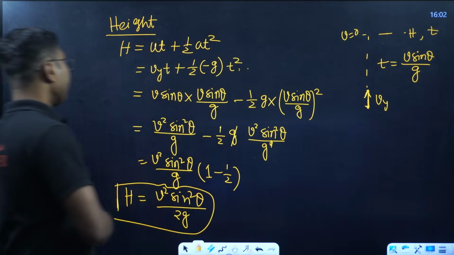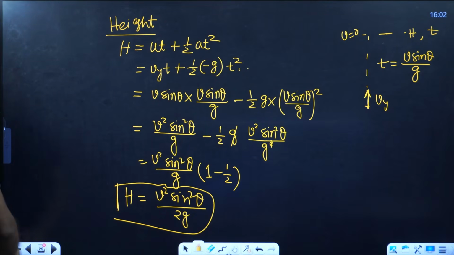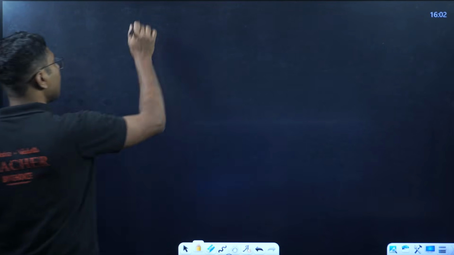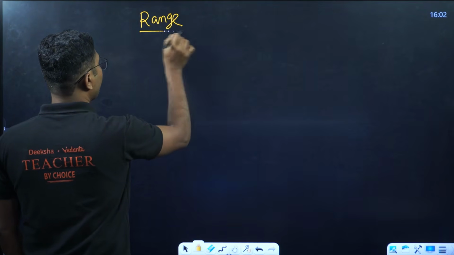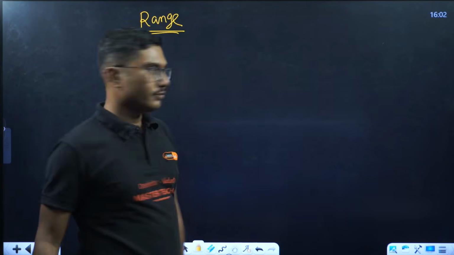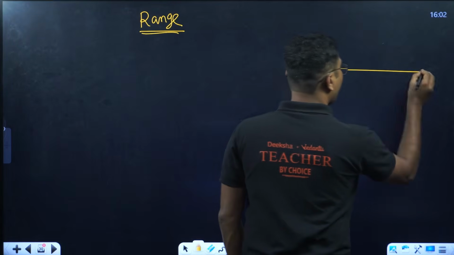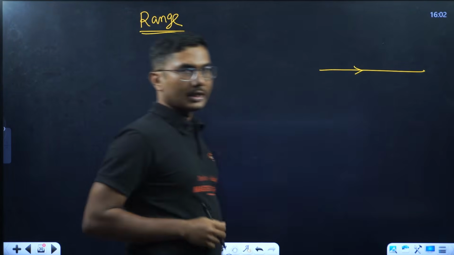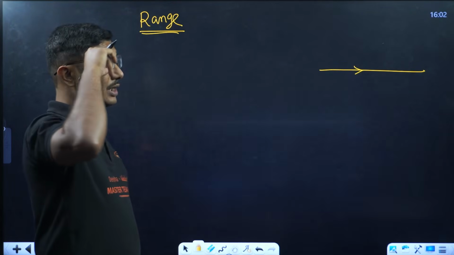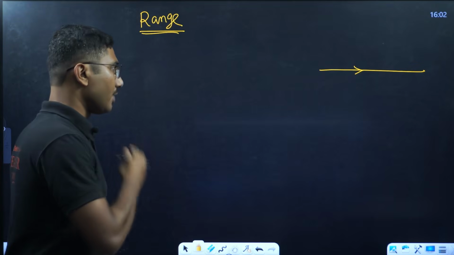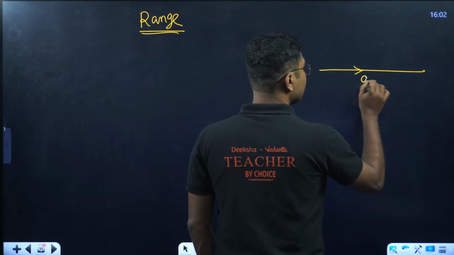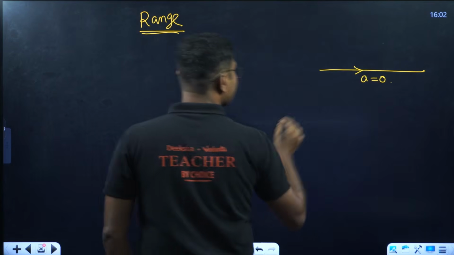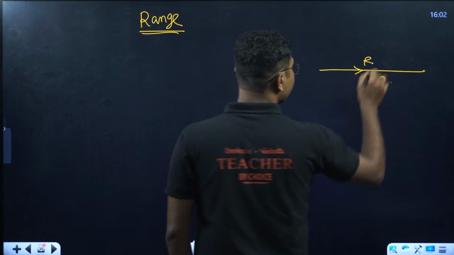Okay, clear? Now let us calculate the range. So what is the range of the projectile? Range is happening only in the horizontal direction. If everything is happening in the horizontal direction, and here acceleration is 0, then what is the displacement here? Displacement itself is range, right?